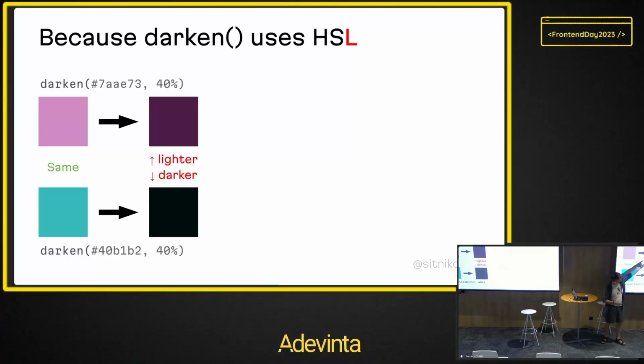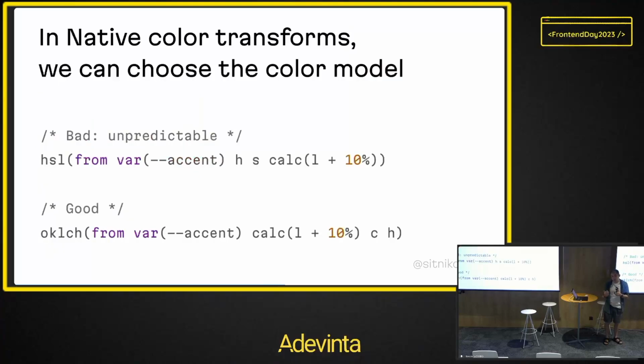So because it uses HSL, where L means lightness, we will have unpredictable results in darken. And this is why we can't just make it darker. We need to specify the color space. And in the new CSS syntax, we can choose what color functions to use where we need to do these transformations. And this is a benefit, and this is why we have this complex format.